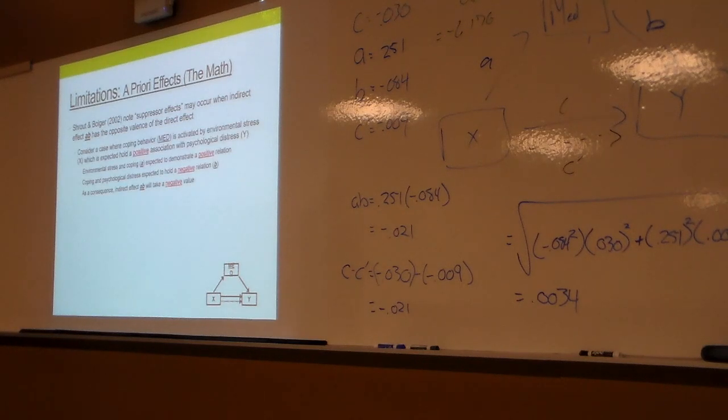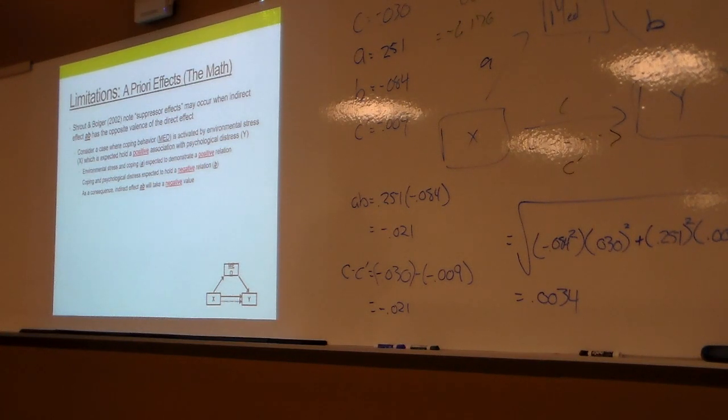So let's say I have a case where coping behavior is my mediator, okay? And environmental stress is my X, and psychological distress is my outcome, okay? In this situation, I expect as environmental stress increases, coping behavior will increase. As my stress levels increase, I increase my coping behavior. So I've got a positive association between X and my mediator. A has a positive association.